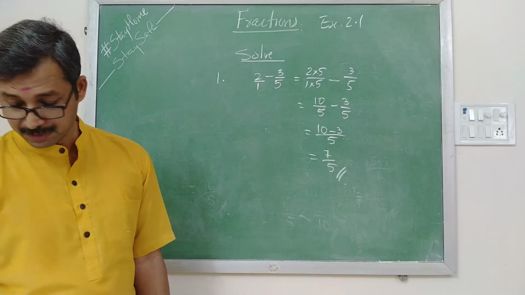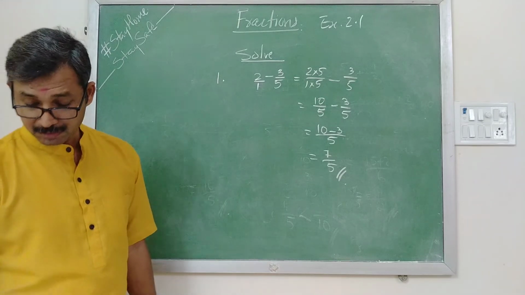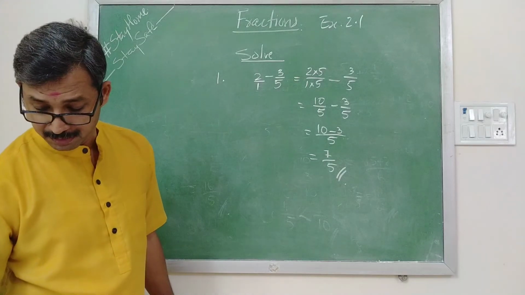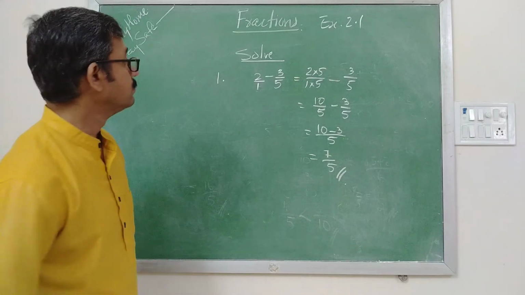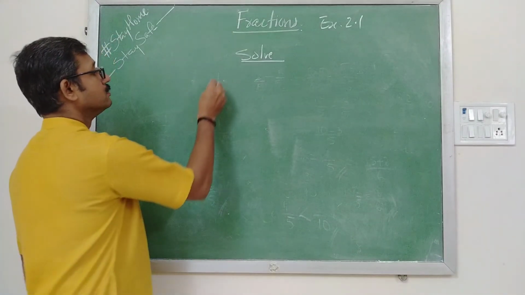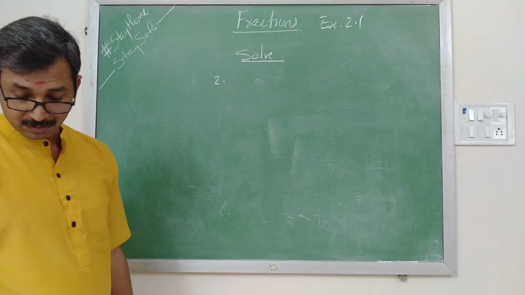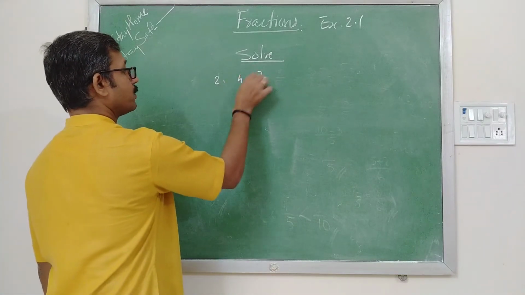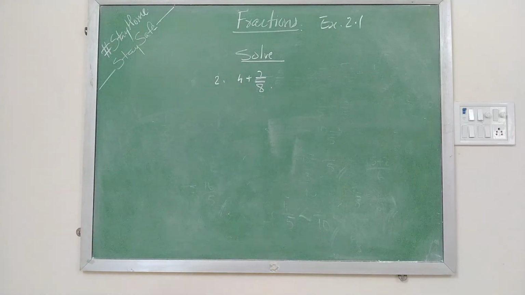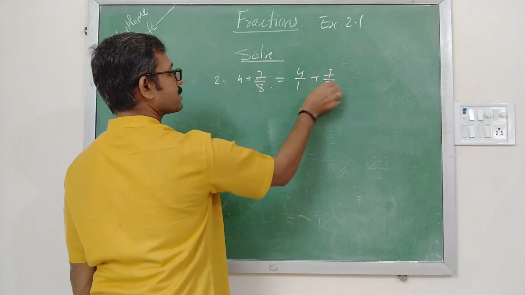Okay, then next one. One more I will do, the second one. The second one is 4 plus 7 upon 8. Same procedure you can do. It is 4 upon 1 plus 7 upon 8.